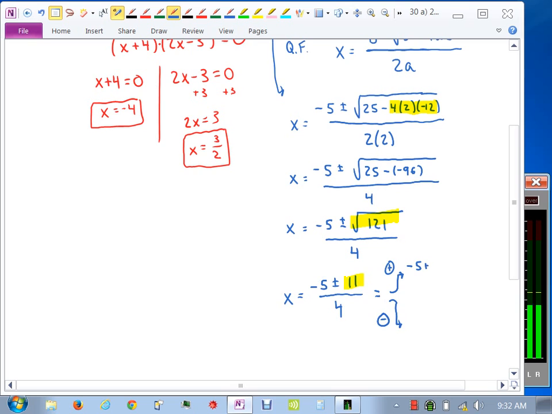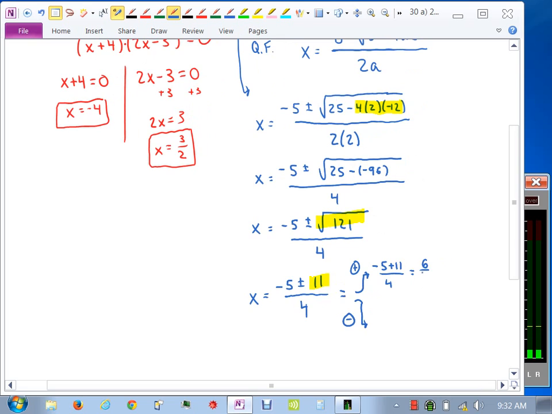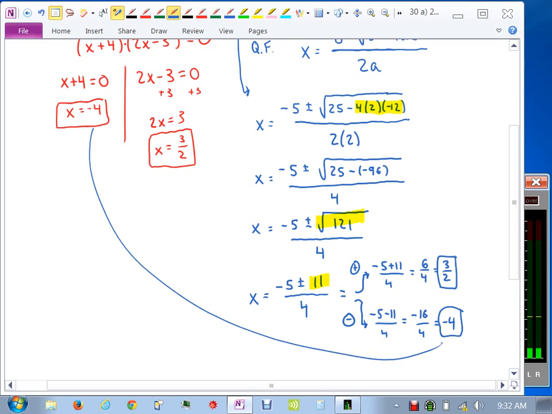So negative 5 plus 11 divided by 4, that's 6 over 4. That's 3 over 2. So that's one of the answers. The other one is negative 5 minus 11 over 4. That's negative 16 over 4. That's negative 4. And those match my answers from earlier, doing it the other way, as you can see. So either way, you pick your poison there.